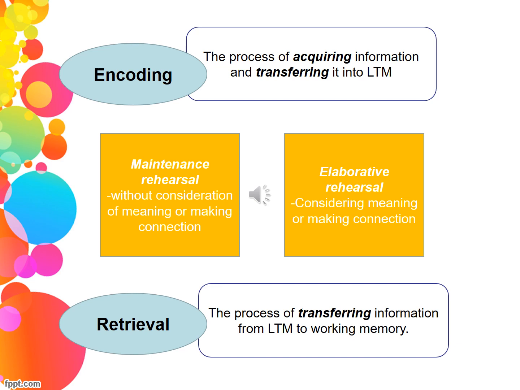Another way of encoding that is more useful and helps to have better memory performance is elaborative rehearsal. This is when you try to go deeper, considering the meaning and trying to make connections, for example, with your own personal experience or with some prior knowledge that you learned in the past. It can make your information more meaningful and easier to recall. For example, in the lecture on short-term memory, I introduced you to a series of phone numbers.